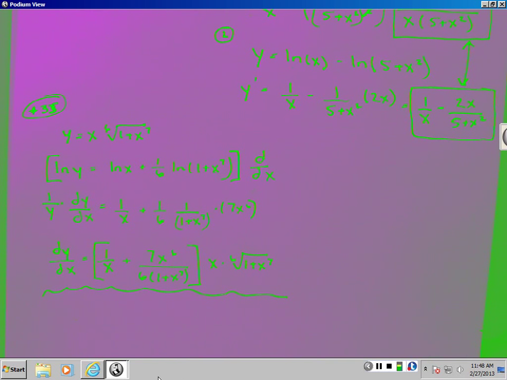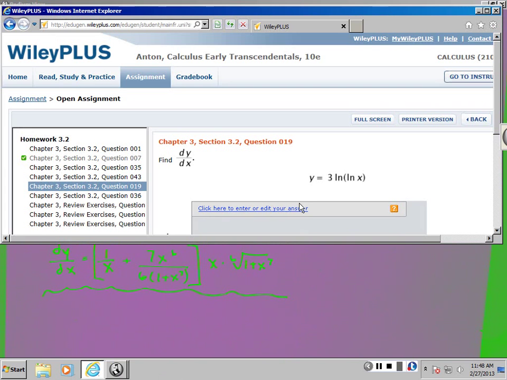Okay, so let's look at a chain rule within a chain rule of ln. So let's look at number 19. I have y equals 3 ln of ln of x.